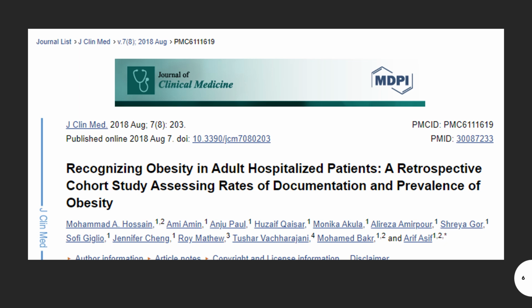So they did a retrospective chart review, and they measured the BMI as per the CDC, and they looked at whether patients had comorbidities such as hypertension, diabetes, hyperlipidemia, coronary artery disease, congestive heart failure, chronic kidney disease, and COPD.